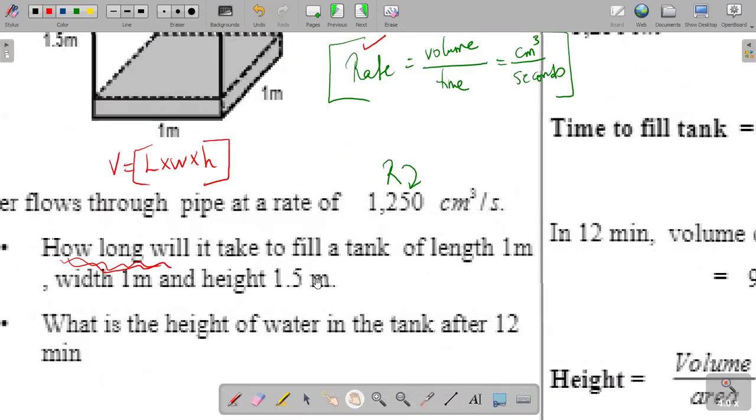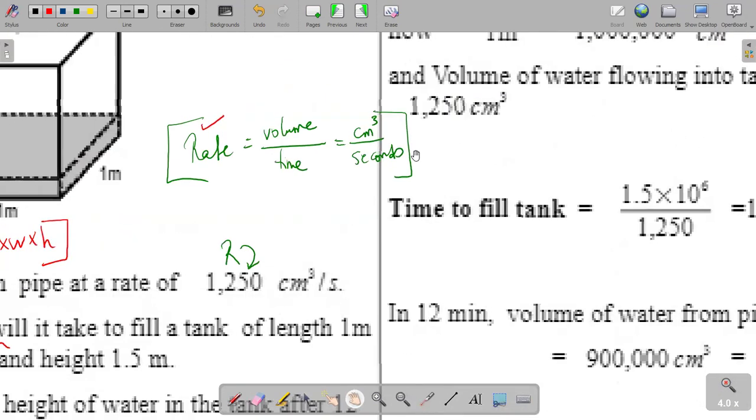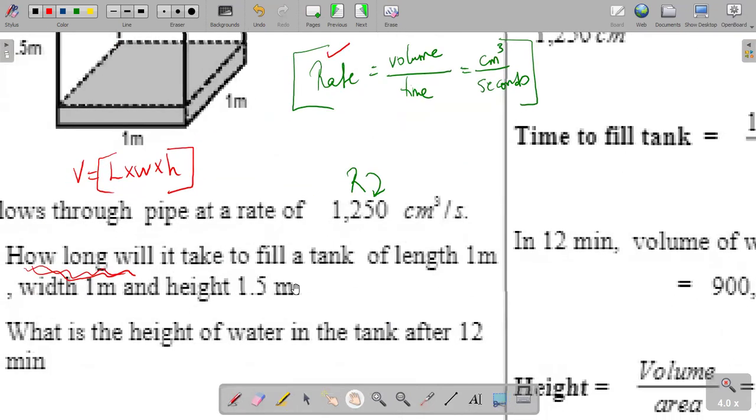These are meters, but what does the formula need? The formula uses centimeters cubed, but the question gave us meters. So you should calculate the volume, but you have to change all of this to centimeters. I hope y'all are with me now.